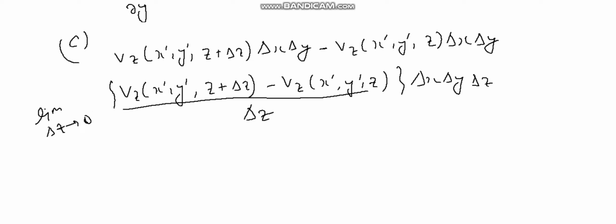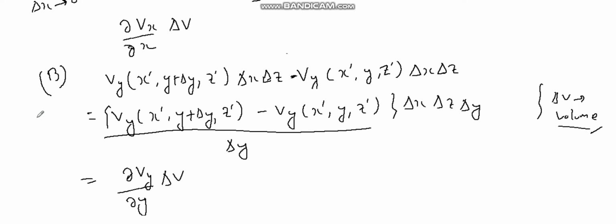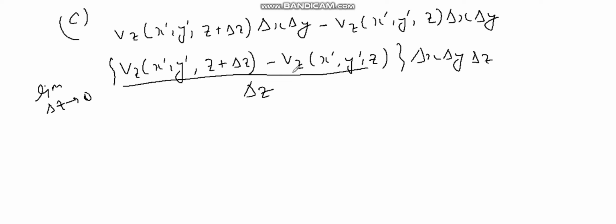Here we will also take the limit that I forgot to mention, delta y tends to 0. Only in the limiting case does that quantity become the partial derivative.